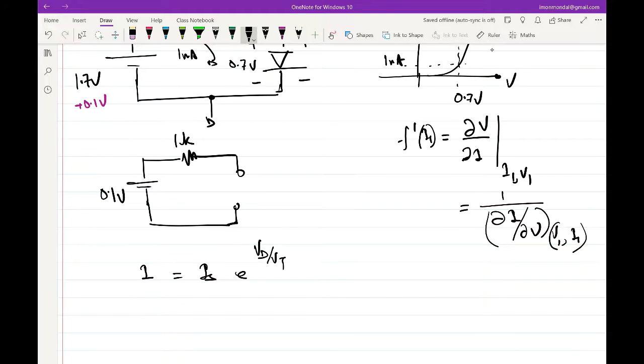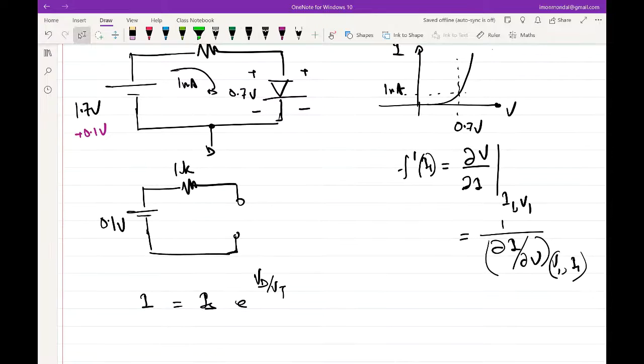In this case, is neglecting the -1 valid? Let's assume VT is approximately 25 millivolt. What is VD in the context of our circuit? 0.7. So can I neglect the -1 term? Yes, no problem at all.